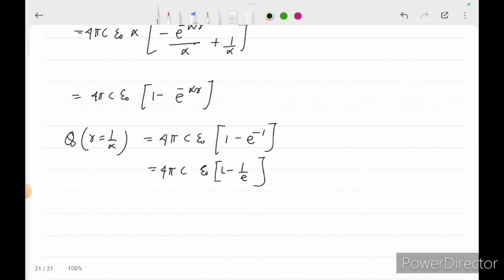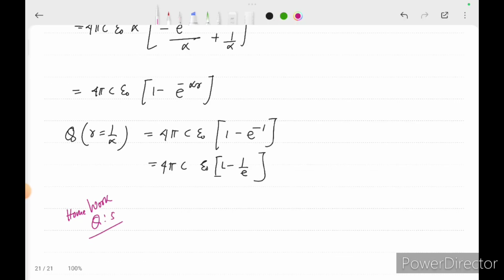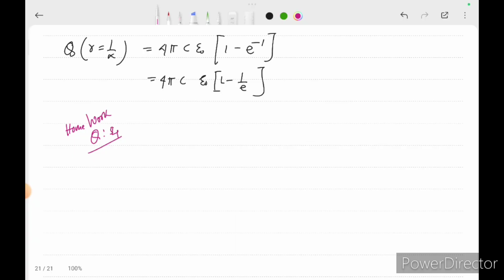So try to solve it. Okay, so this is the homework question, that is question number 4 actually.